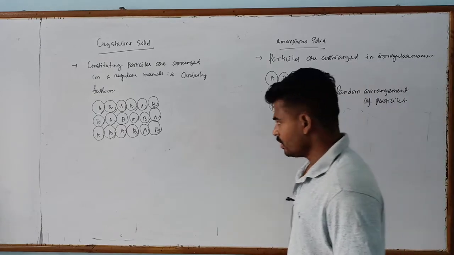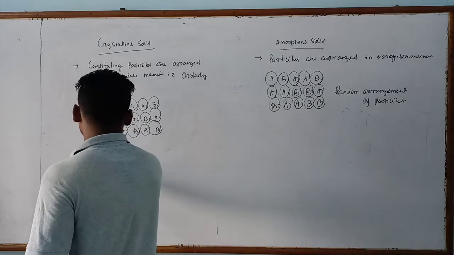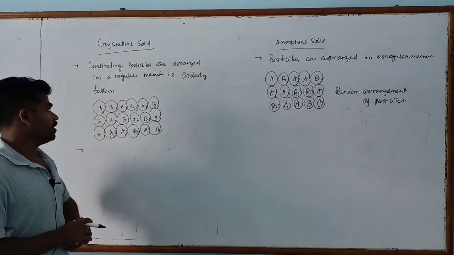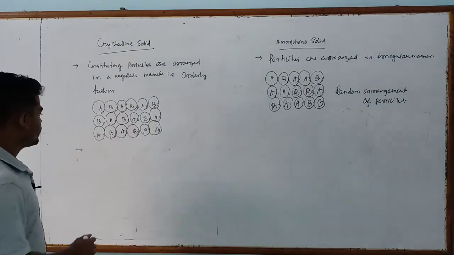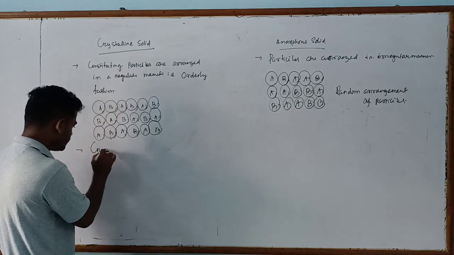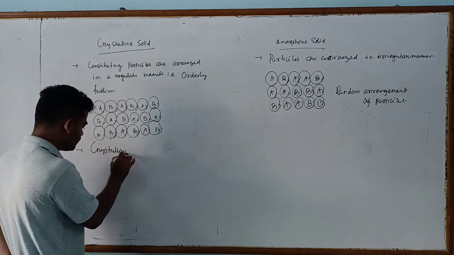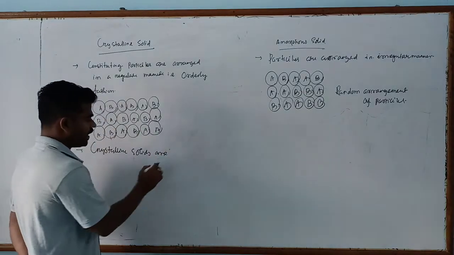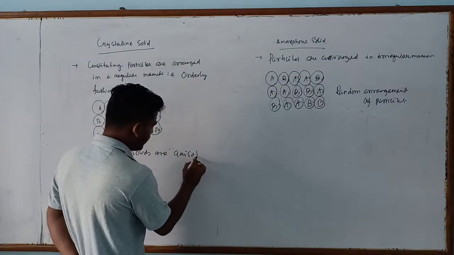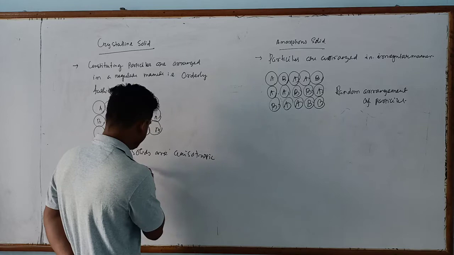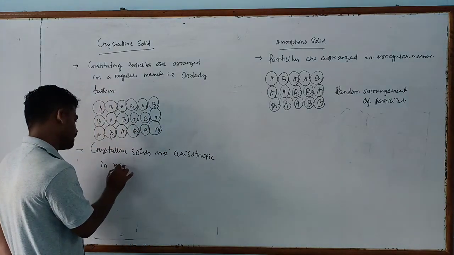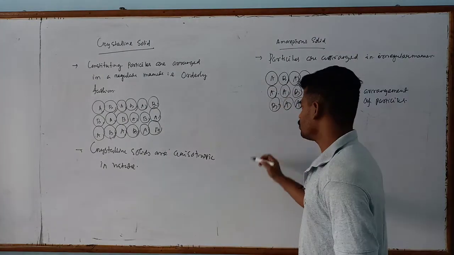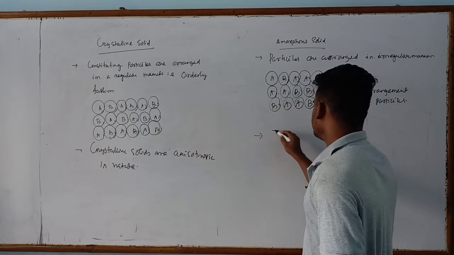So here in crystalline solids, another important property is that crystalline solids are anisotropic in nature, while amorphous solids are isotropic in nature.